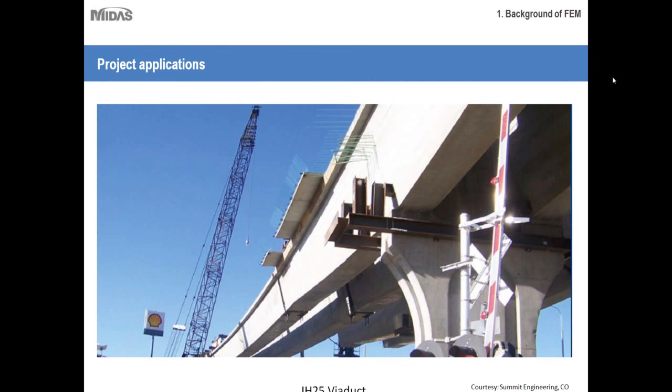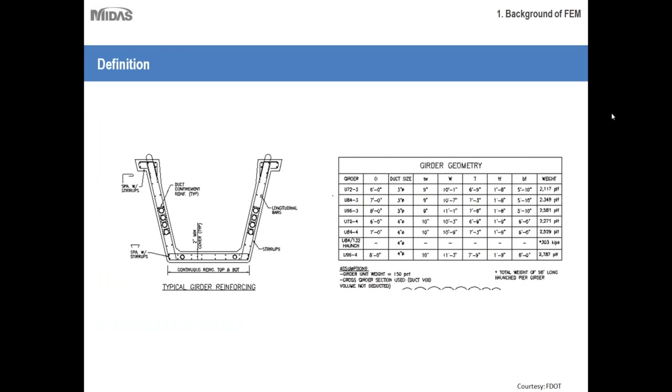So now let's move on to the definition of this section, what these sections are like. As we mentioned, it is a U beam or a U girder. You can see it is a wide section. Essentially it is a box section without the slab or the lid on top.